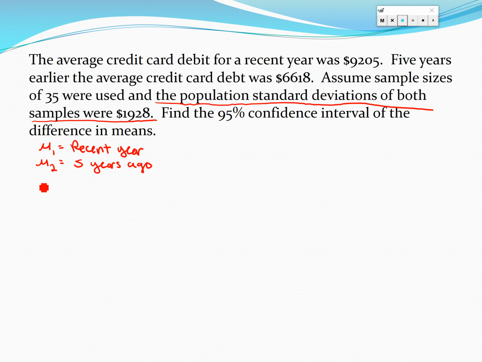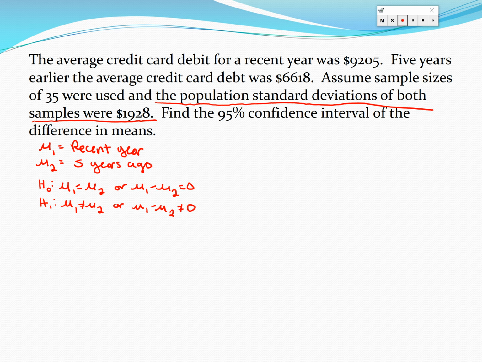Alright, so we're not given a specific difference. So mu sub 1 equals mu sub 2, or mu sub 1 minus mu sub 2 equals 0. That second option, guys, might be the way to go for you when you're looking at a confidence interval, because confidence intervals are all about seeing if your hypothesized difference is in that interval or not.